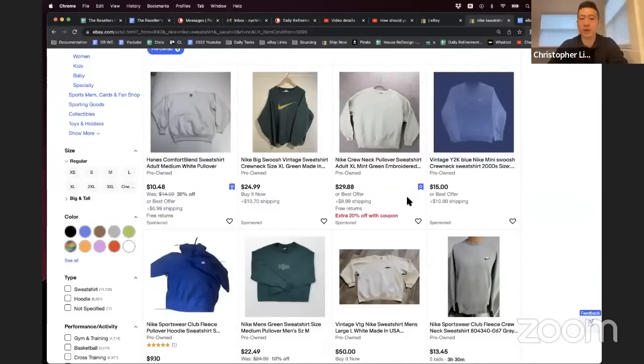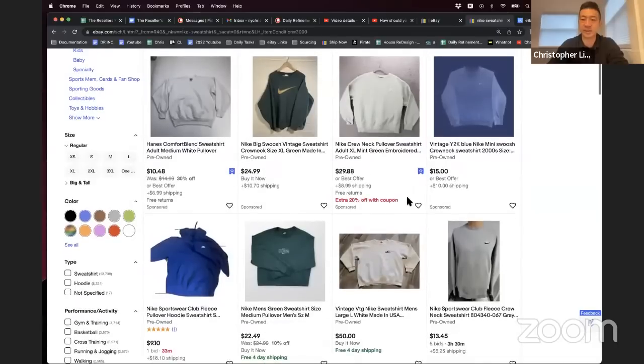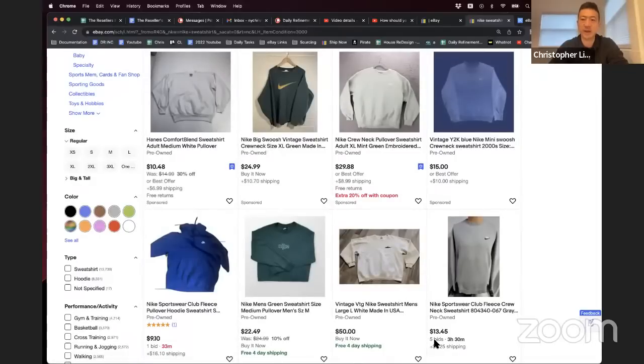Okay, so let's assume we can only buy these eight sweaters, because these are the only 8 that I see. Which one draws your guys' attention? Here's one on auction, or there's 2 on auction. One at $9.10 and one at $13.45 plus $6.25 shipping. Wow, I feel like that's not bad.